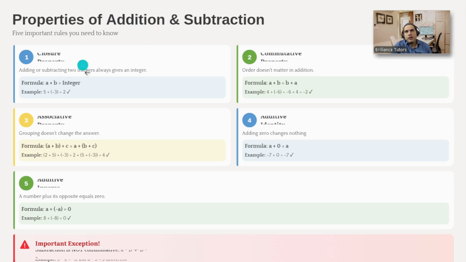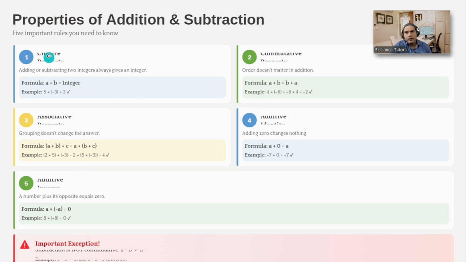For addition and subtraction we have 5 properties. Basically it's the closure property, then we have the commutative property, then the associative property, then the additive identity, and the additive inverse.